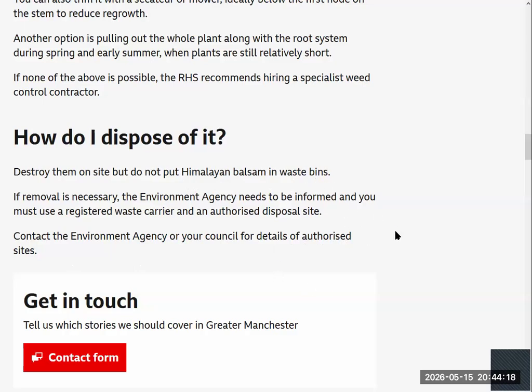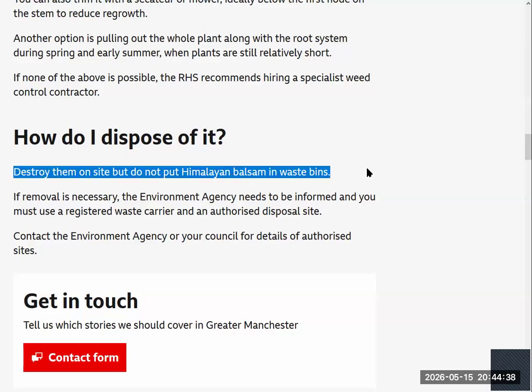About the meaning, what are they actually telling us in this? That we can't put these plants in a bin. Yeah, that seems to be what it's saying. You can't put them in waste bins.